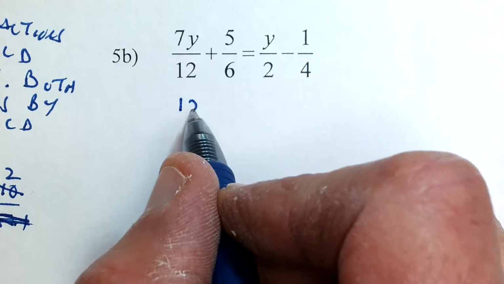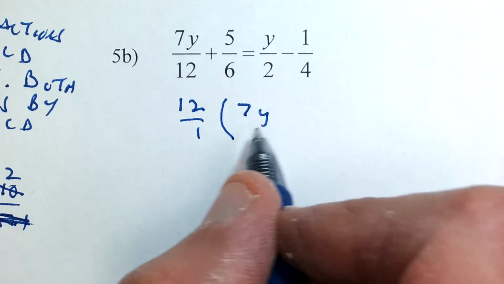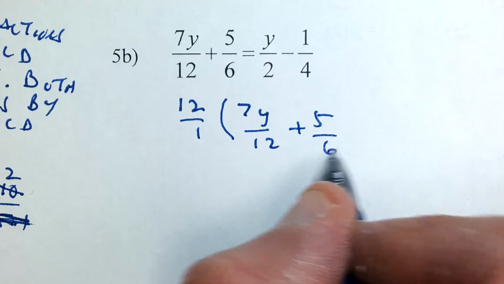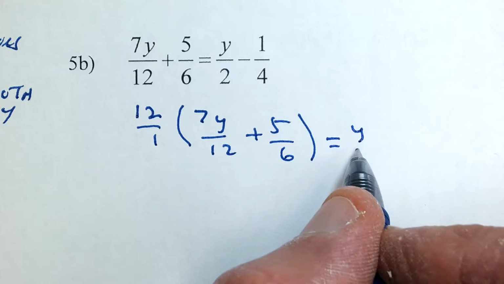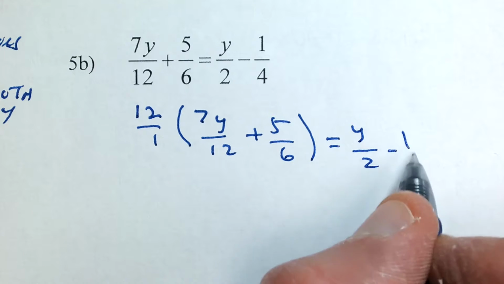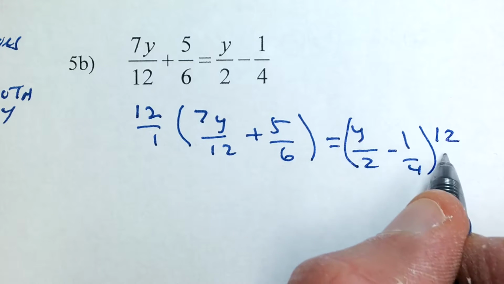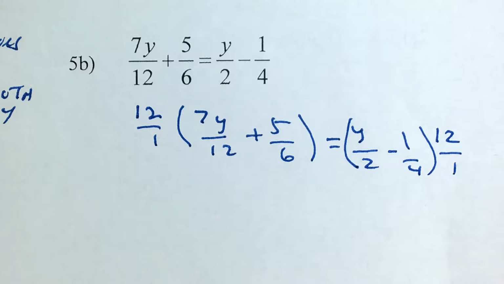So I'm going to distribute 12 over 1 across the left side, and I'm going to distribute 12 over 1 across the right side. When I do that, I don't think I'm going to actually multiply the numbers together. I want to leave them in a factored form so I can do cancellation.